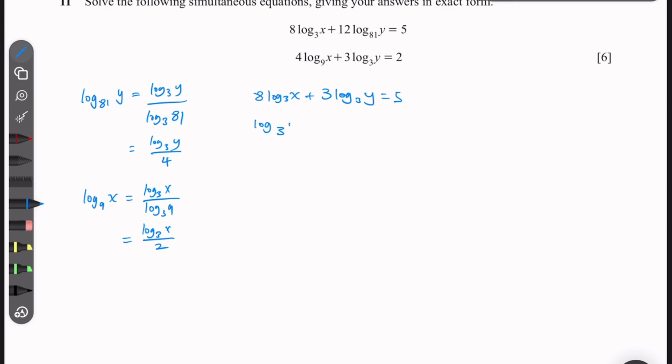Okay, so we can use laws of logarithms to make the coefficient the power. And then once again, we use the laws of logarithms to make both sides of the equation only have one term.